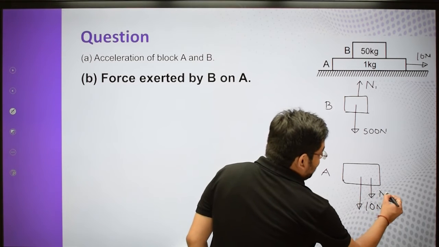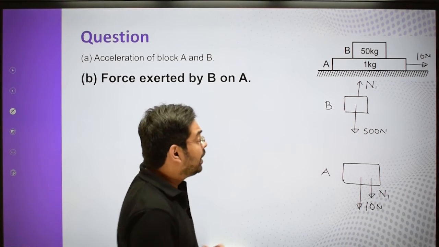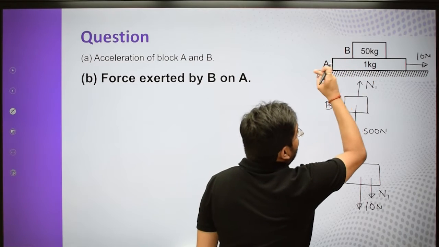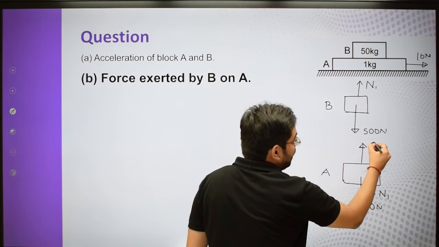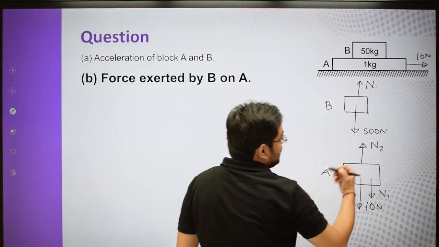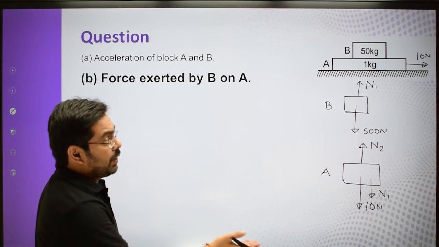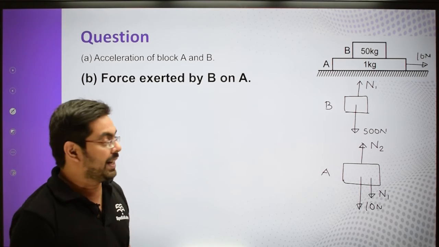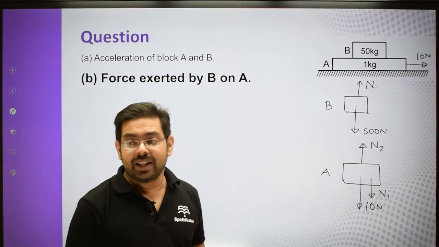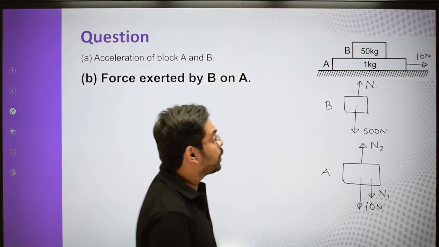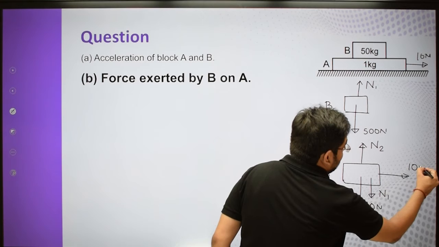So the magnitude will be the same as N1, but the direction will be downwards. Now since A is kept on a surface, that surface will apply a normal force in the upward direction, and let us say that this force given by the horizontal smooth surface is N2. One more force is there on A, that is the horizontal force 10 Newton in the right direction, correct?